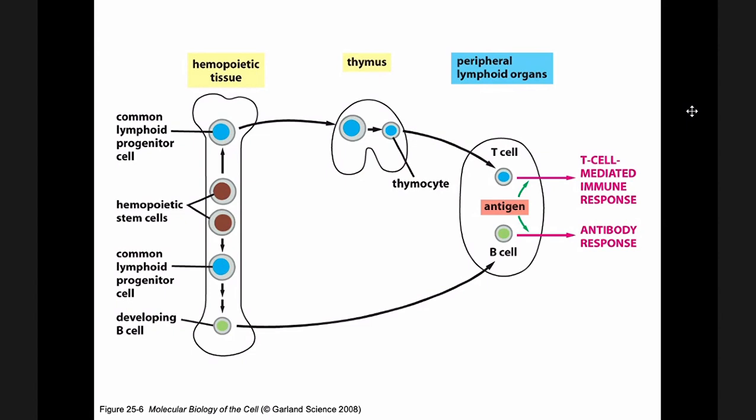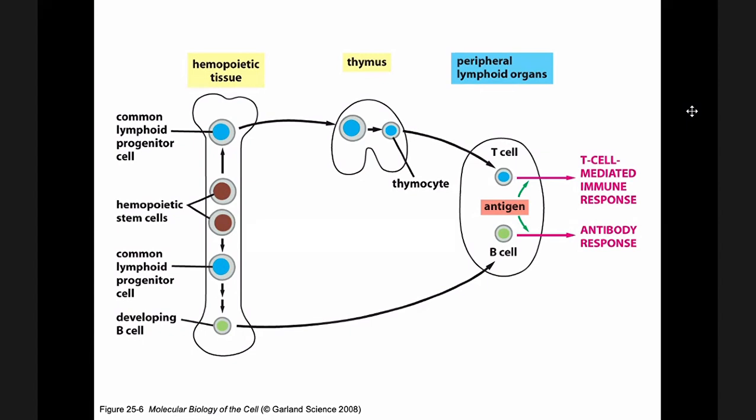And if these common lymphoid progenitors have to further differentiate into B cells, they stay back in bone marrow, complete their journey of positive and negative selection, and once it is made sure that you have selected only those B cells which are not reactive to your own antigens, but would recognize foreign antigens, those cells will exit the bone marrow, and then they will be present in these peripheral lymphoid organs, spleen and lymph nodes.